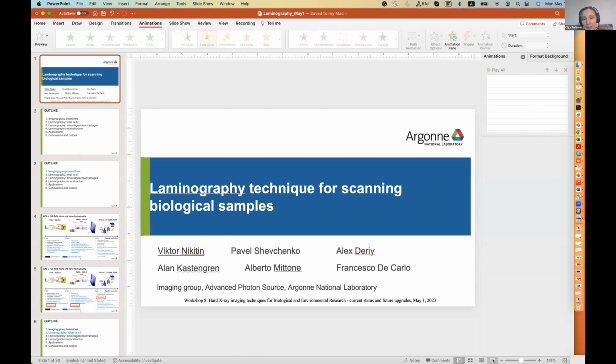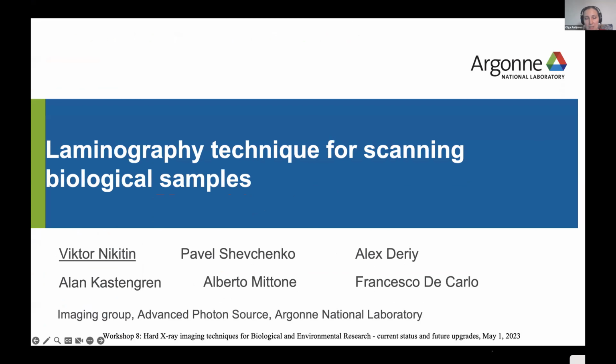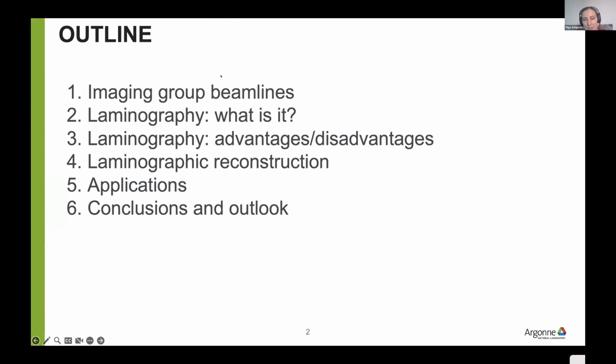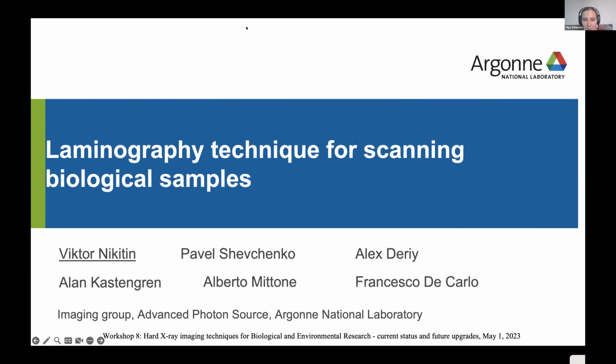It's our new technique coming to APS and being available after the upgrade at multiple beamlines for biological and environmental science samples. Victor received his bachelor's and master's degrees in information technologies in 2011 and 2013 from Novosibirsk State University in Russia. He has a PhD in mathematics from Lund University in Sweden.